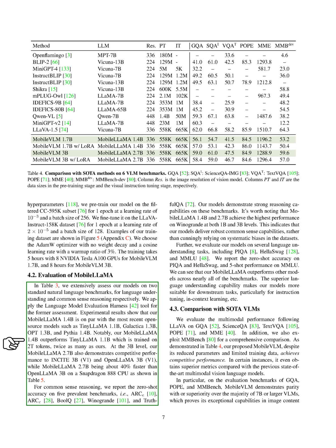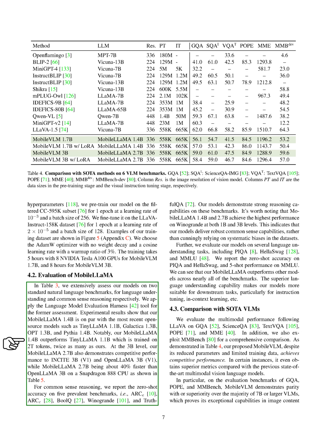Interestingly, our 1.4B model performs better than the TinyLlama 1.1B model, even though the latter was trained on twice as many tokens. At the 3 billion parameter level, our MobileLLaMA 2.7B model shows competitive performance to INCITE 3B v1 and OpenLLaMA 3B v1, and is about 40% faster than OpenLLaMA 3B on a Snapdragon 888 CPU.